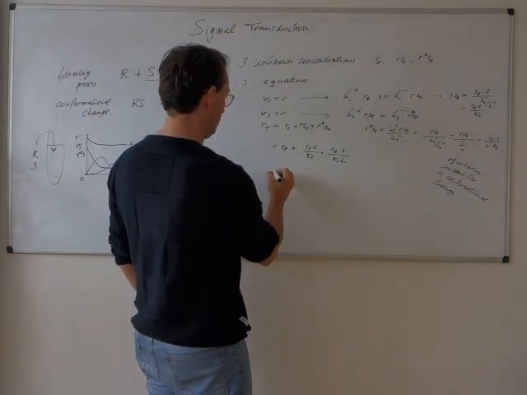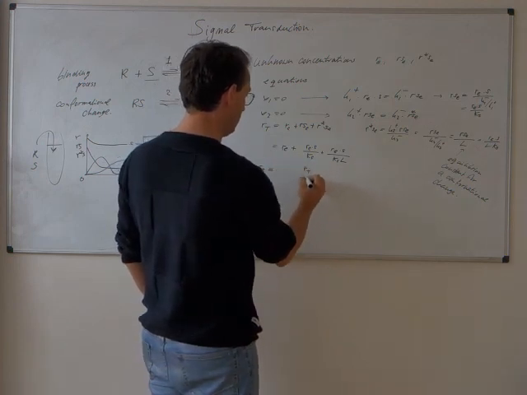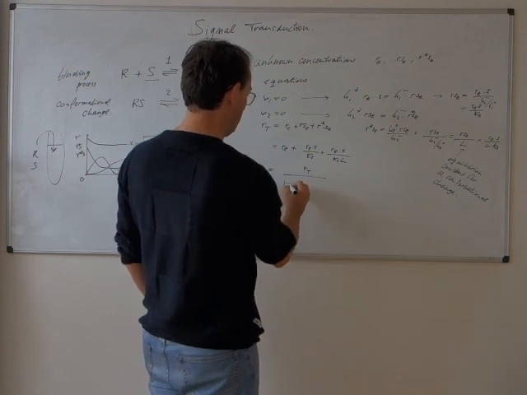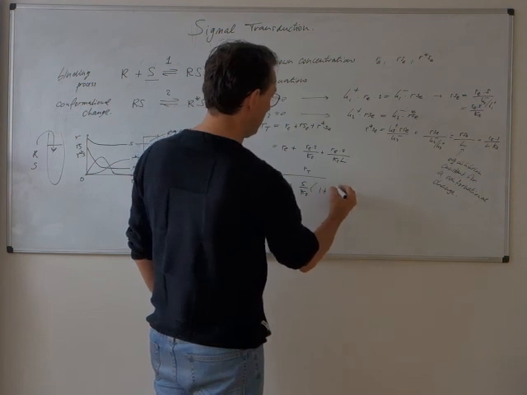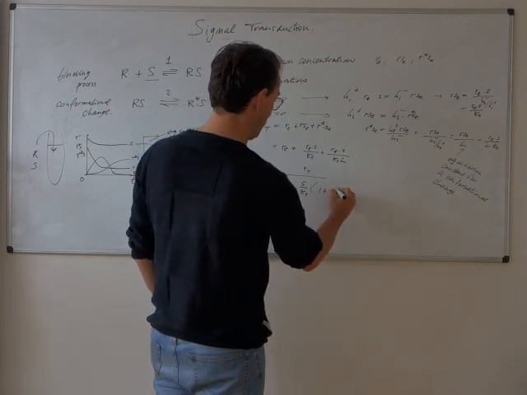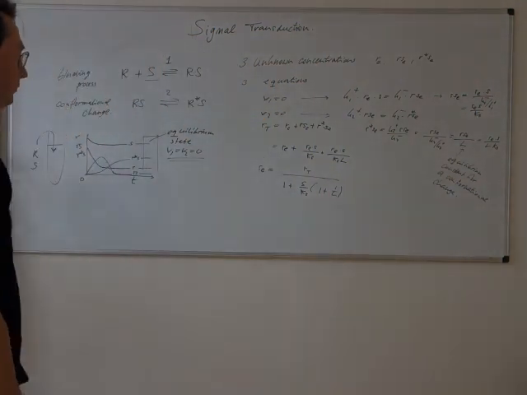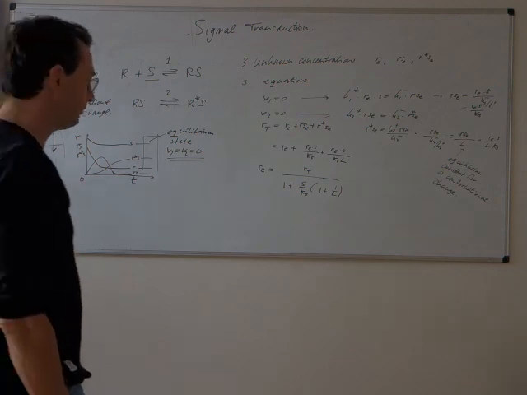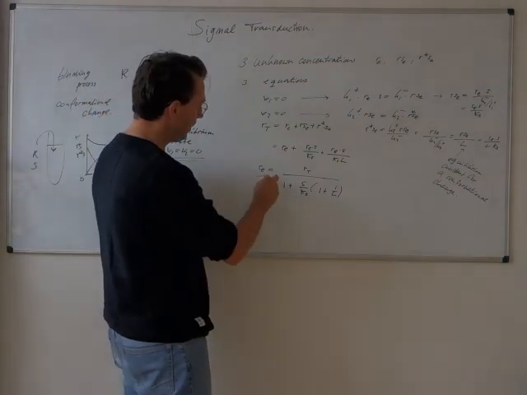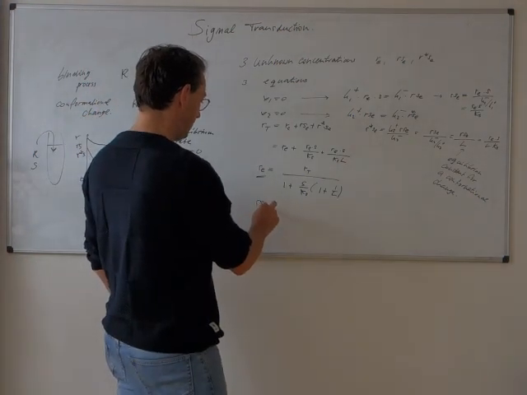So this allows us to solve RE. What is that? Well, that is R total divided by 1 plus S divided by Ks and 1 plus 1 over L. Yeah, that's correct. So that is the concentration RE. Now what is RSE?